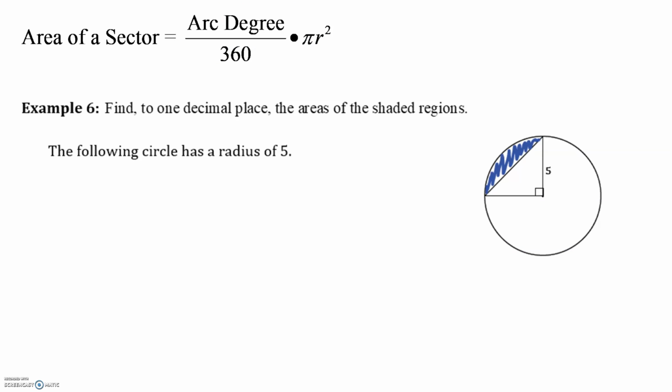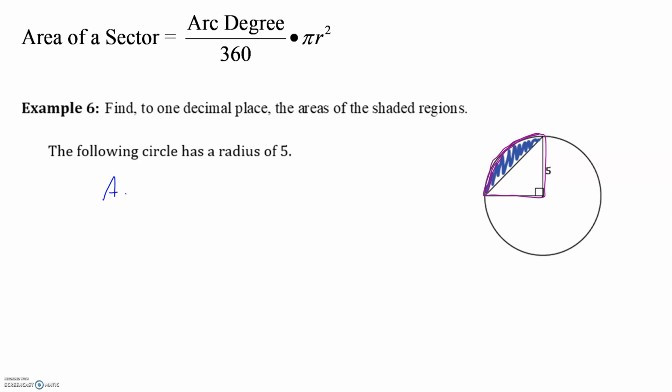So if you look at example 6, we're going to utilize the area of a sector, but they made this even a little bit more involved because now it's not just the whole sector, which would be this part here. That's the sector, right? The wedge, so to speak. But now it's just the blue part. What's that portion alone? So this is like the area of a shaded region along with area of a sector.